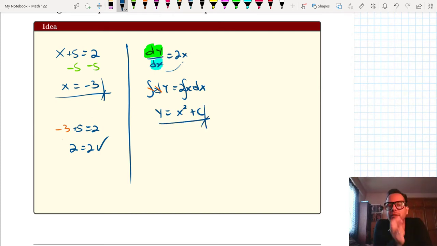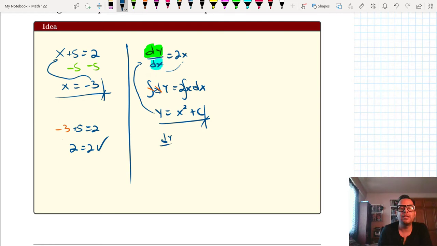Okay, how do we know this is the correct solution to the differential equation? Well, in the previous case, we plugged in the number x equals -3. In this case, we need to find the solution to the equation.